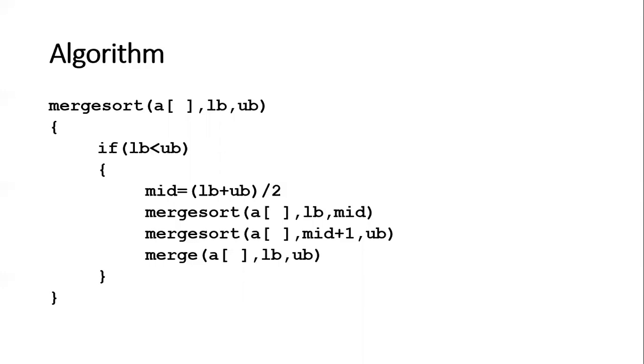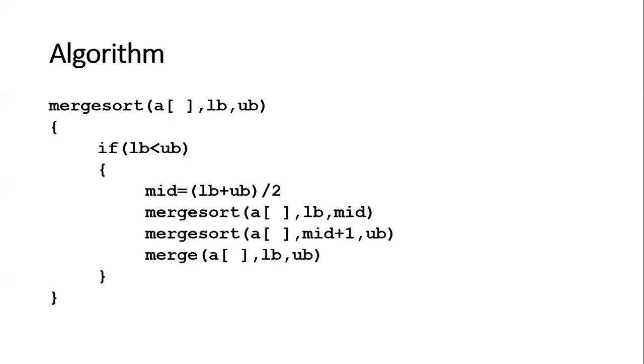If the mid value is 3.5, that means the integer of mid is 3. So now the mid value is 3. When I am considering the first array, I will be taking the lower bound to mid, that is from 0 to 3.